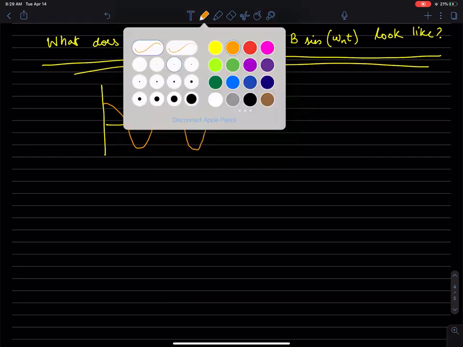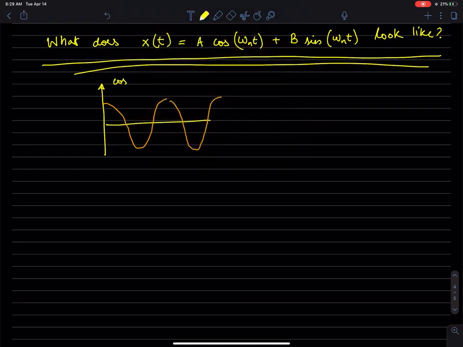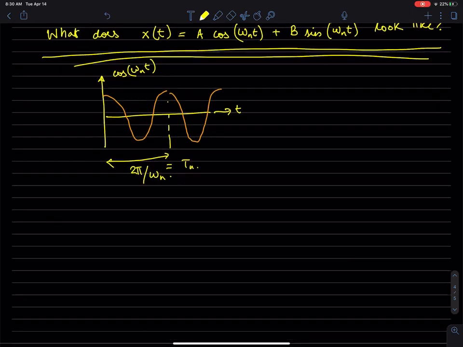That's basically your cosine omega n t. If you plot cosine omega n t as a function of time, that's what it will look like. And the period of oscillation of cosine omega n t is 2 pi divided by omega n. So this equals Tn, where Tn is the time period of oscillation.